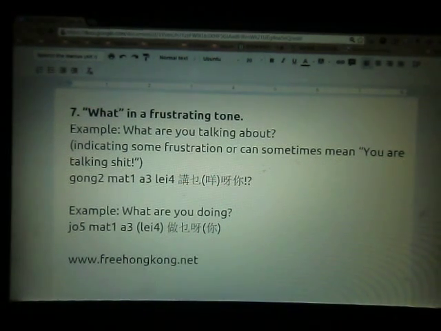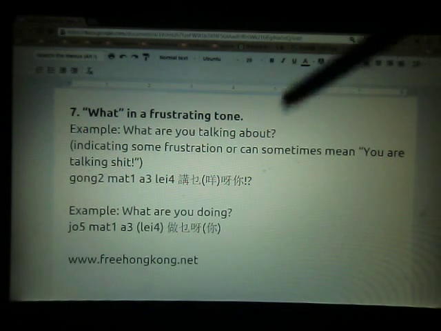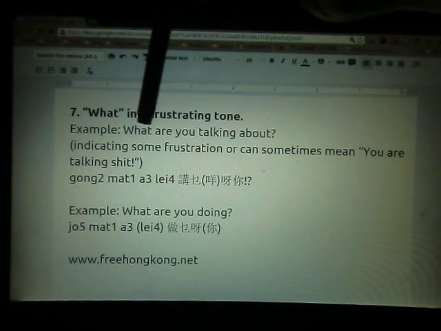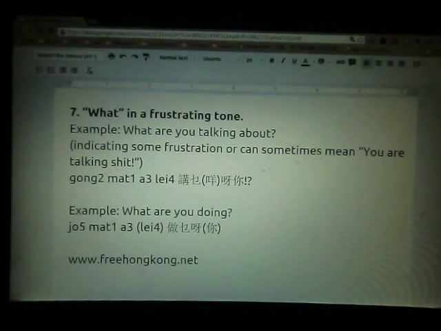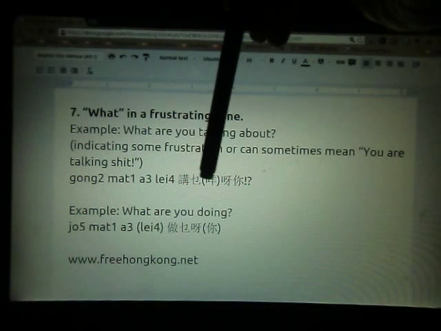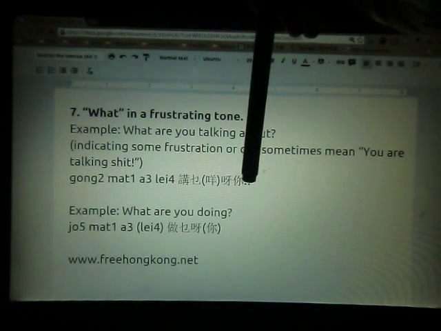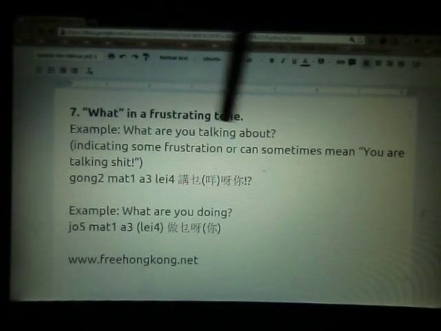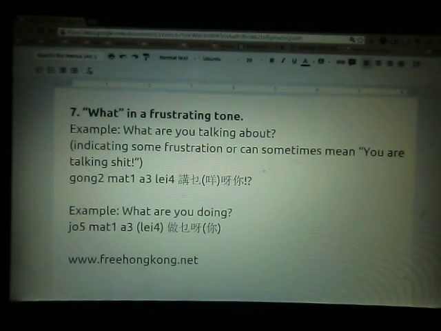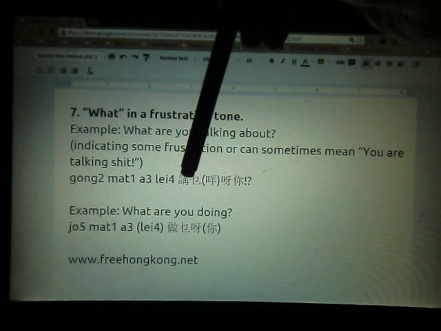And then we can use 乜 to indicate frustration. So it looks like a question but actually it's not a question. For example, in English we have what are you talking about, or what the hell are you talking about. So in Cantonese we have a counterpart, we say 講乜你. Normally when we ask a question formally we say 你講乜, well, but if you want to show your frustration, 講乜你.